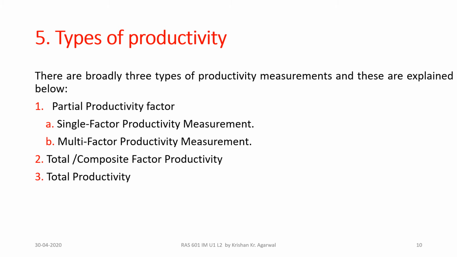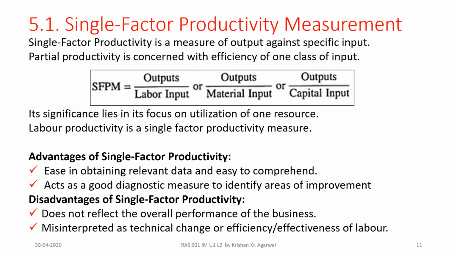While talking about partial productivity factor, a single factor may be taken into consideration, or a multiple number of factors can be taken into consideration while calculating the productivity. When we talk about single factor productivity measurement, as the name suggests itself, only a single factor as the resource is affecting the output, then we can find out the single factor productivity measurement.